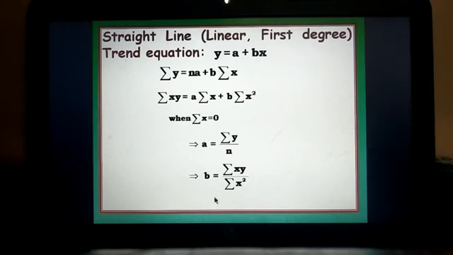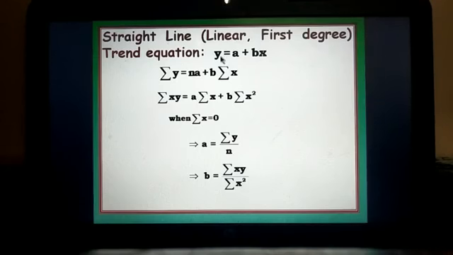After having got these constants, what is to be done? These are to be substituted in the main equation which we had written as the trend equation. So after substituting a and b numerically, by substituting different values of x, we will be able to get at that instant of x what the y value will be.